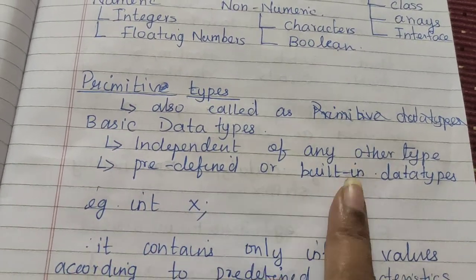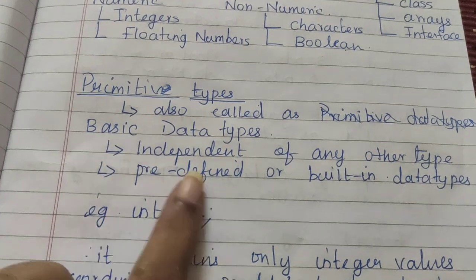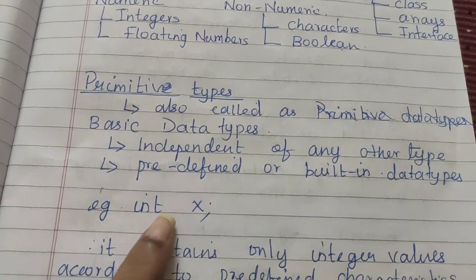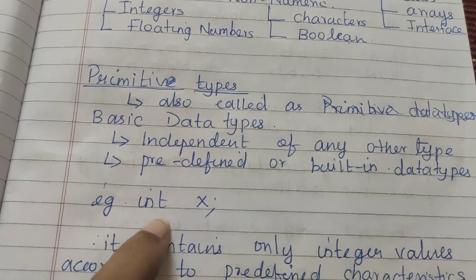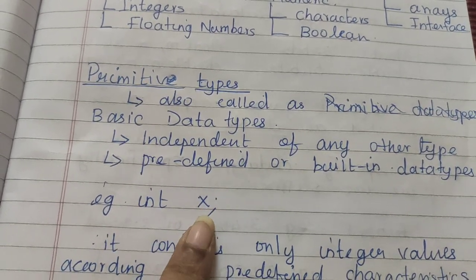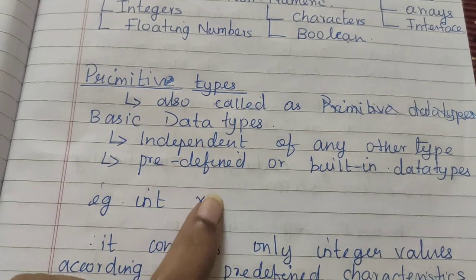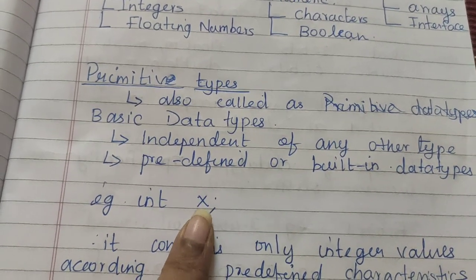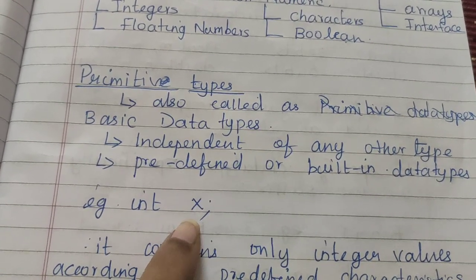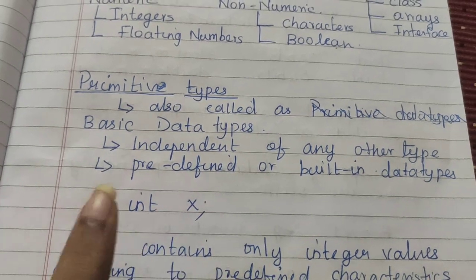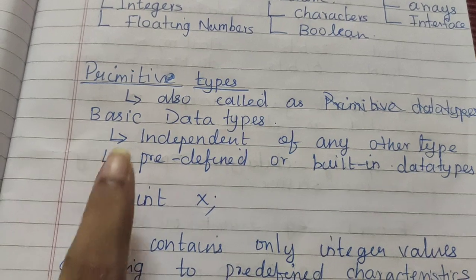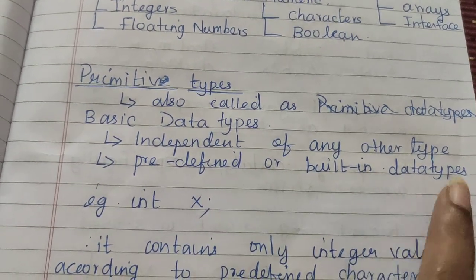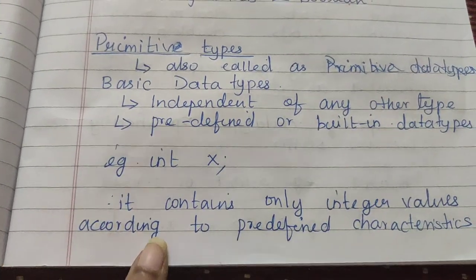Then predefined or built-in data types: predefined means, if you give int, the compiler will know what should be saved in this variable and what the characteristics of the variable are. Everything is declared beforehand in your compiler. That is called the predefined or built-in data types.